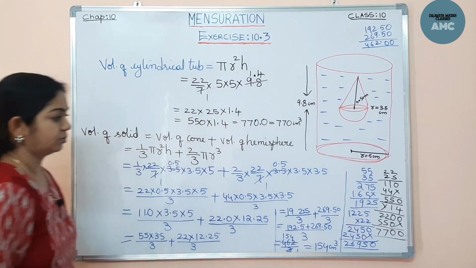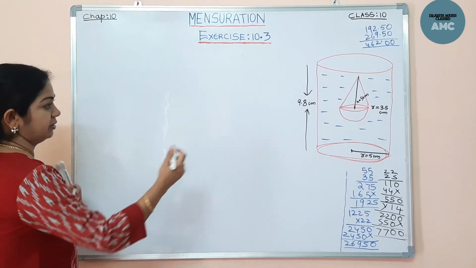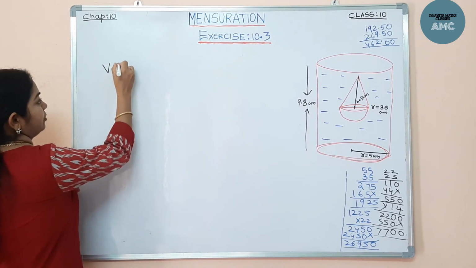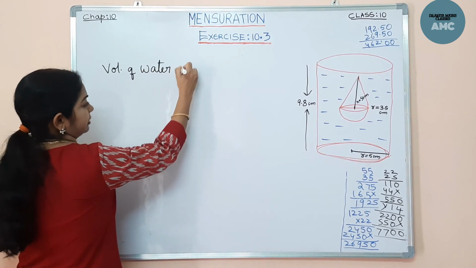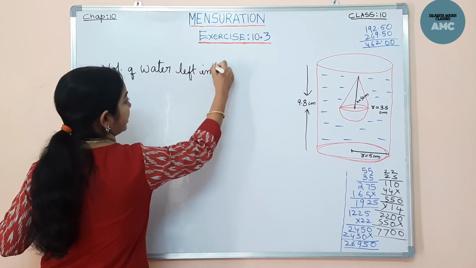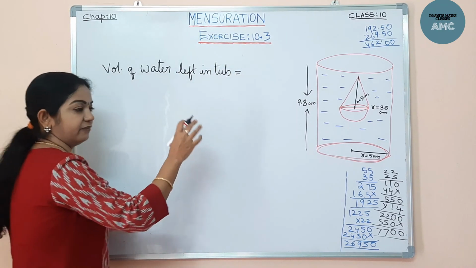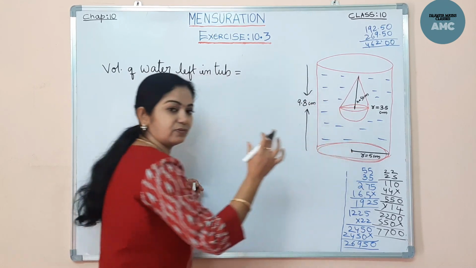Okay. So quickly note it down, pause it and note it down. Now the volume of water left in the tub is asked. Water left in tub. Now how do we get this water left in the tub? When the solid is immersed, some water is spilled out, the remaining water is the water left in the tub.